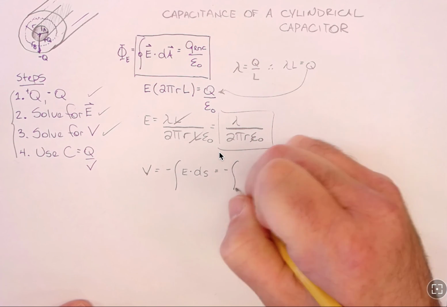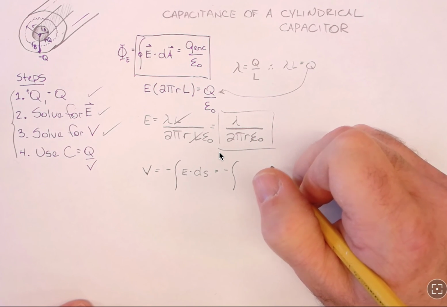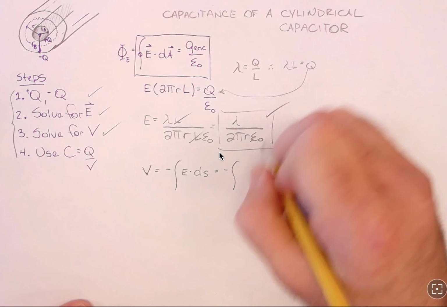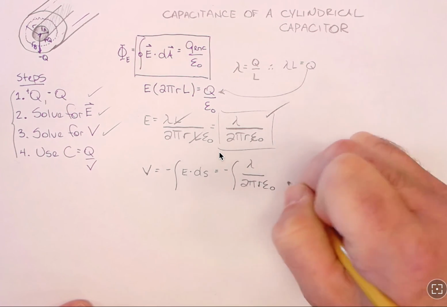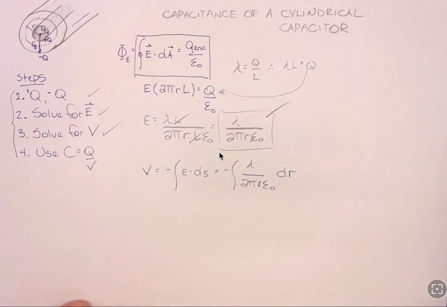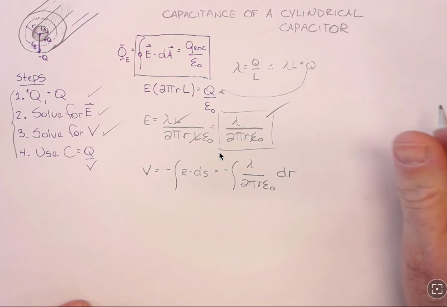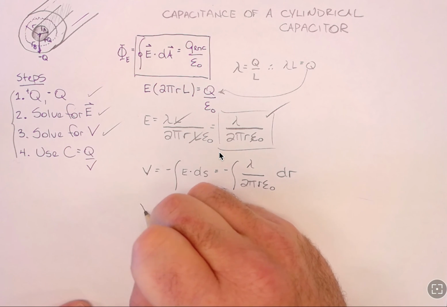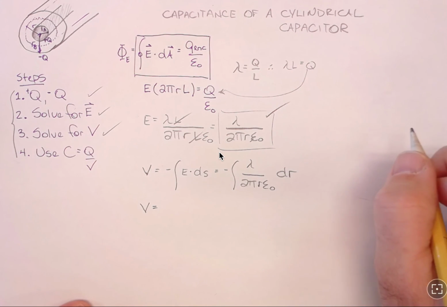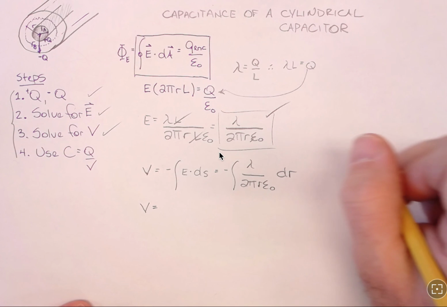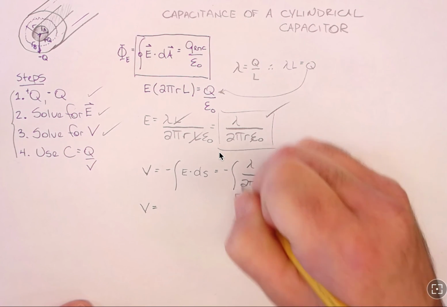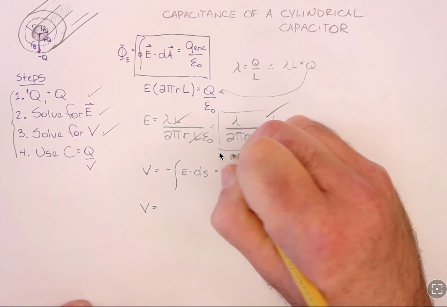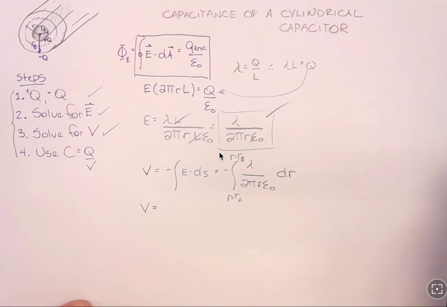This becomes negative the integral of E, which is lambda over 2 pi r epsilon naught, times dr. And the next thing that we're going to do is pull out our constants and define our upper and lower limits of integration. We're going to integrate from R equals RA to R equals RB. That's my upper and lower limit.